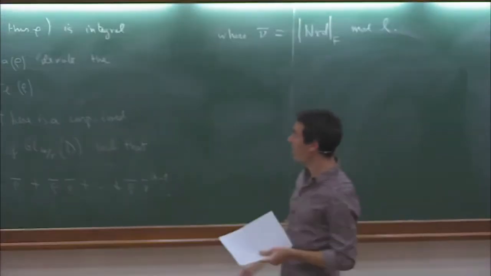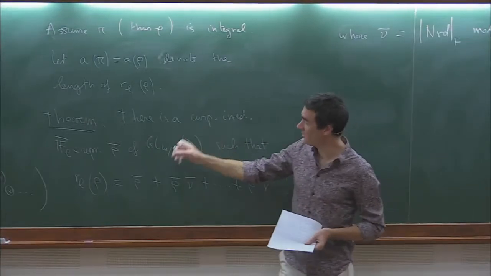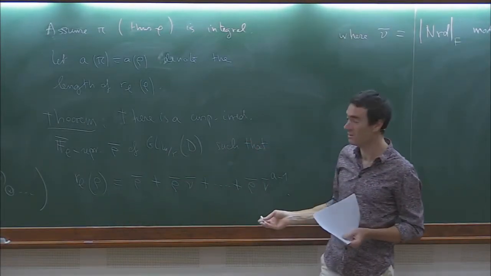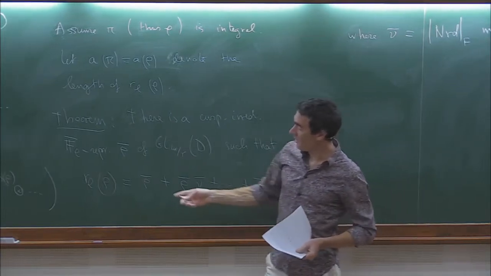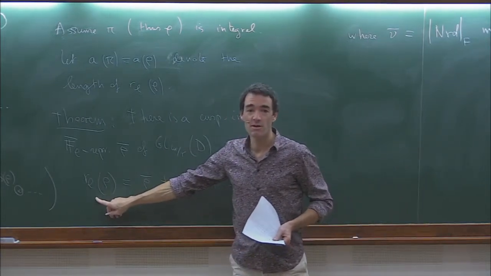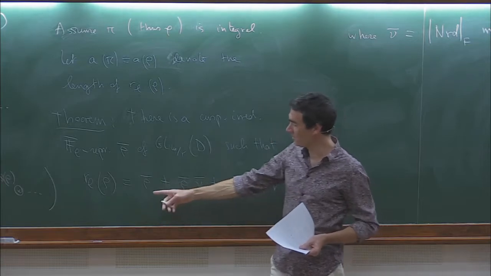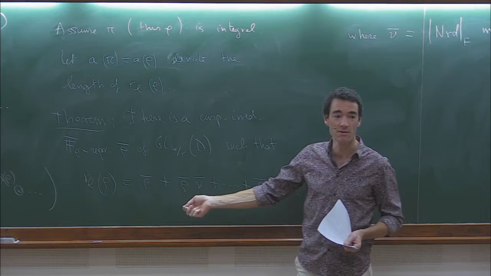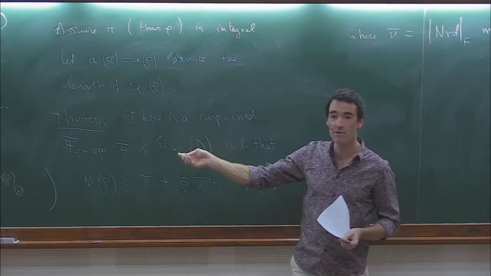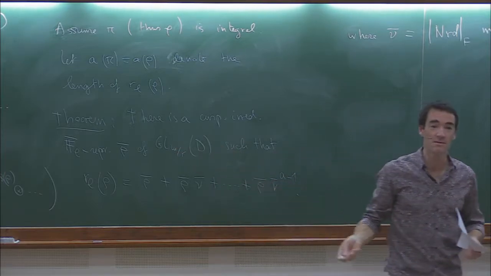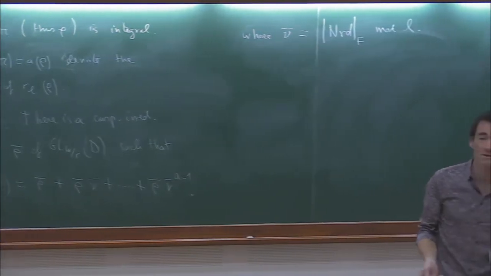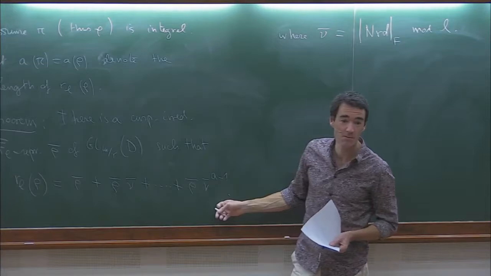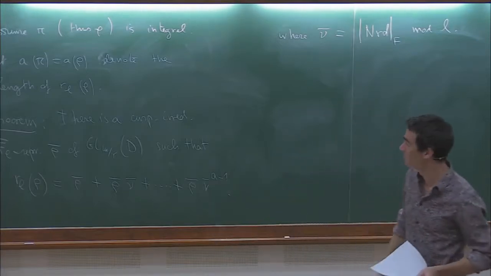Okay. So just a remark, such a rho bar is not unique. If you look at the formula, you see that the reduction mod L of rho is just the sum of the twists of any irreducible component by powers of nu bar.